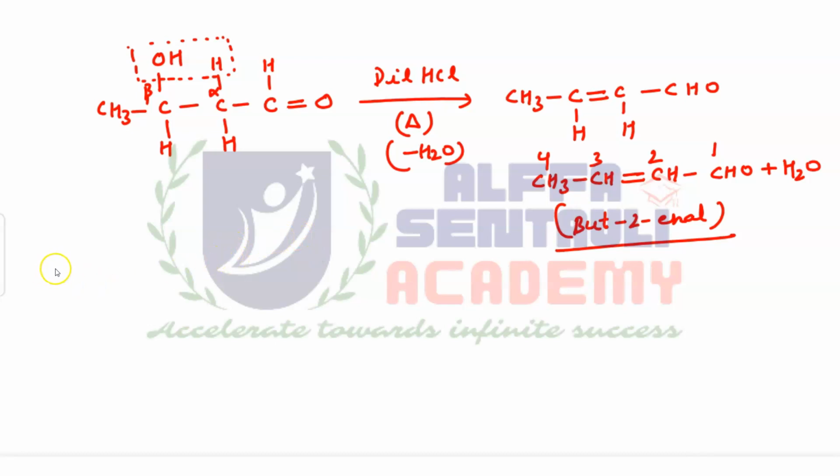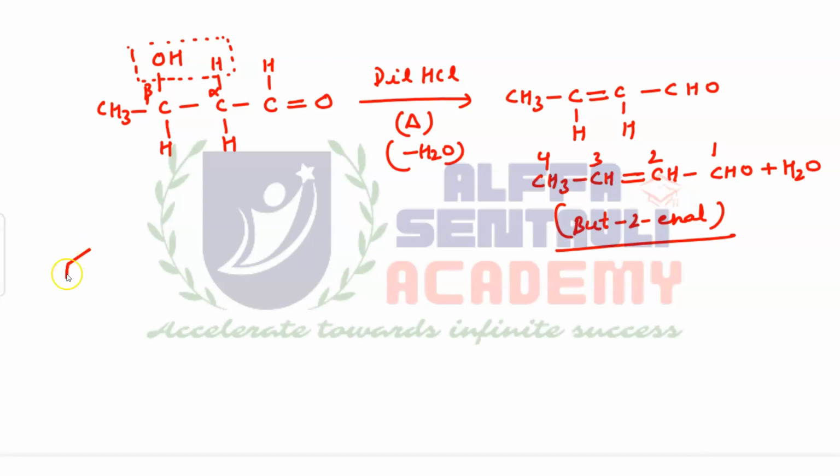So what is the important note? That aldol condensation is undergone only by those aldehydes and ketones which possess at least one alpha hydrogen. Yes, there should be at least one alpha hydrogen. Otherwise, aldol condensation will not be possible.